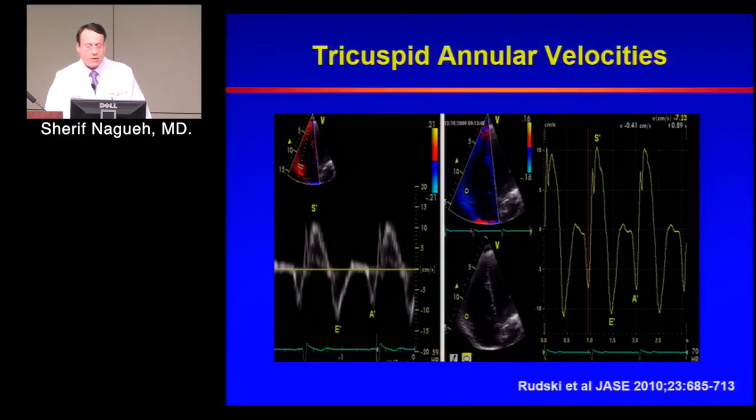Why is this the case? This happens because in systole, the motion of the RV is not only a vertical motion from the base to the apex, but also there is some degree of rotation. And that rotation has a vector in the longitudinal direction that affects the S prime.